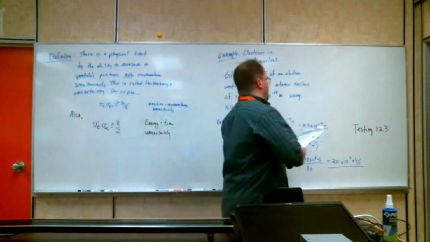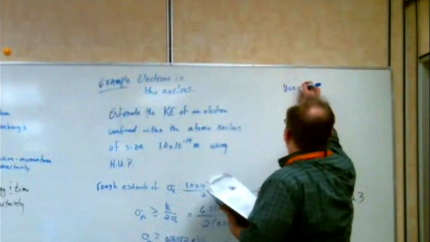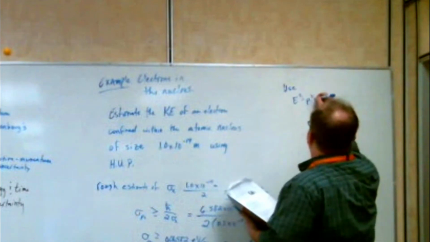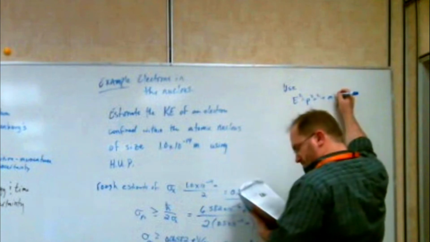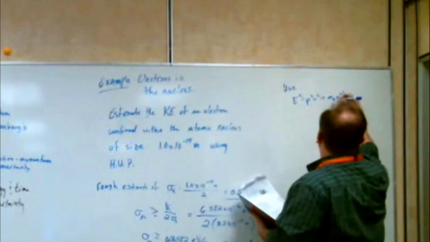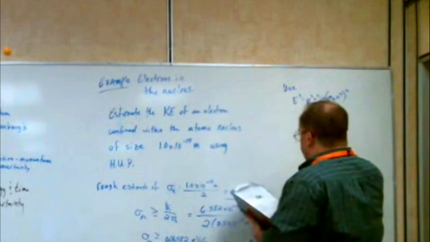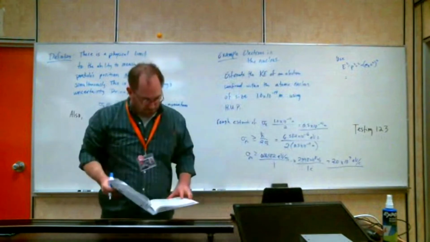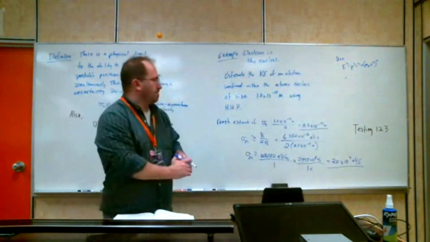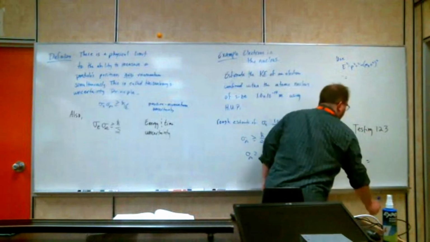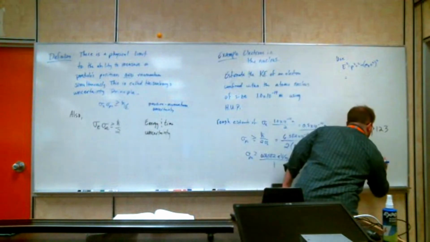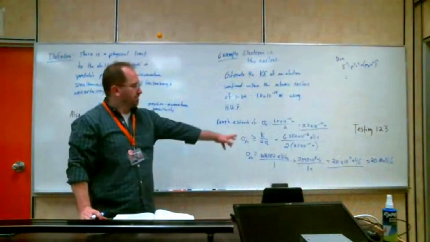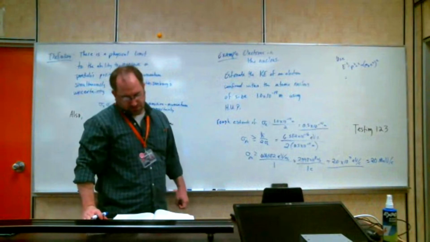Then we use... you'll notice that this value here is 20 mega electron volts per C, when you work out those decimal places.